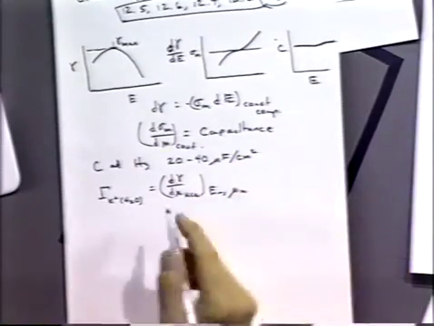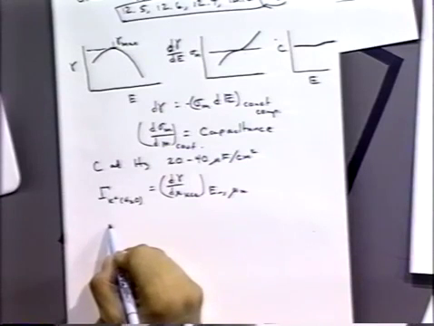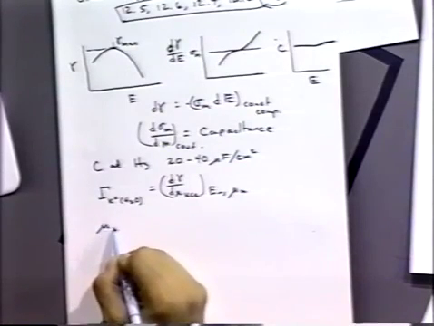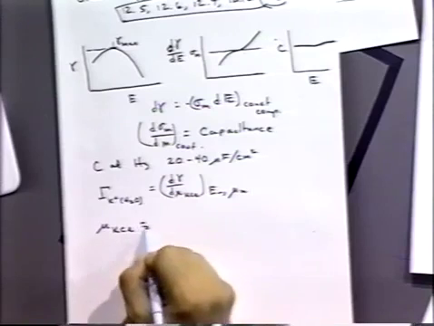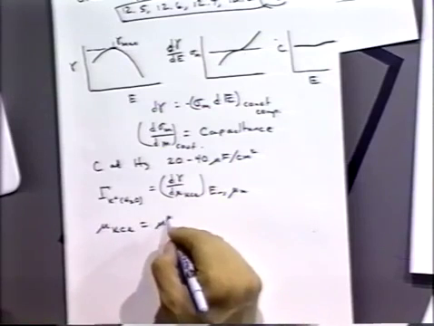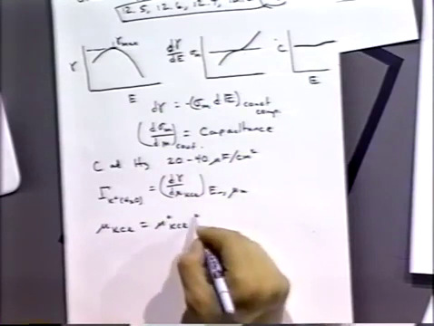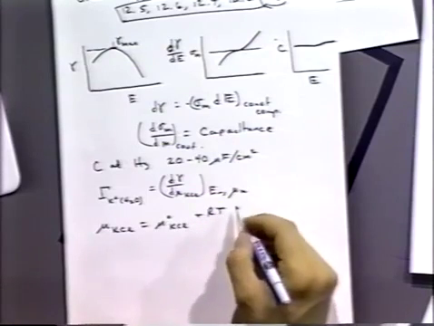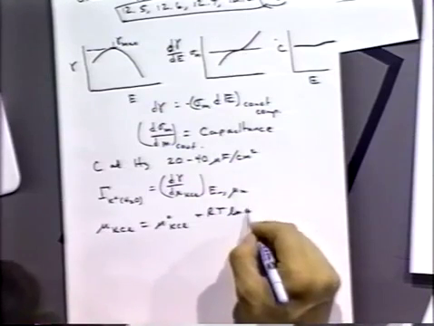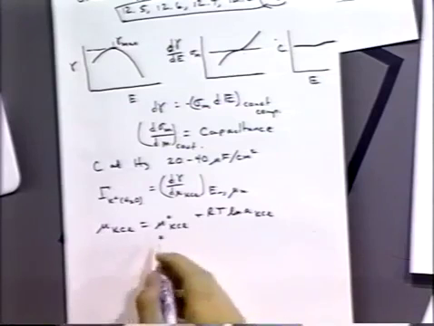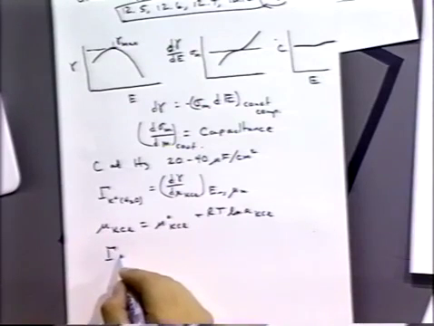Knowing that the chemical potential of potassium chloride is equal to the standard chemical potential of potassium chloride plus a term in the activity of potassium chloride, we get this sort of relationship.